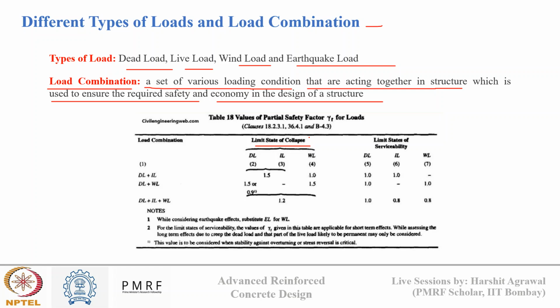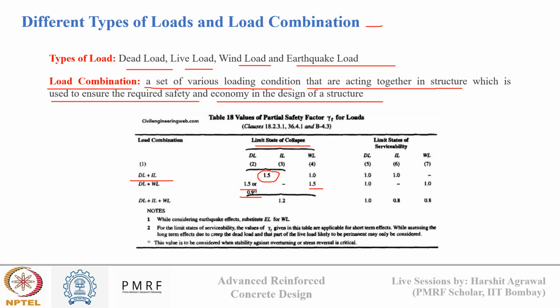So we have higher safety factors applied to loads. If there is dead load and imposed load, we apply a factor of 1.5. For dead load plus wind load, we either multiply both of them by 1.5, or we use 1.9 for dead load and 1.5 for wind load in case overturning is more critical in the structure.